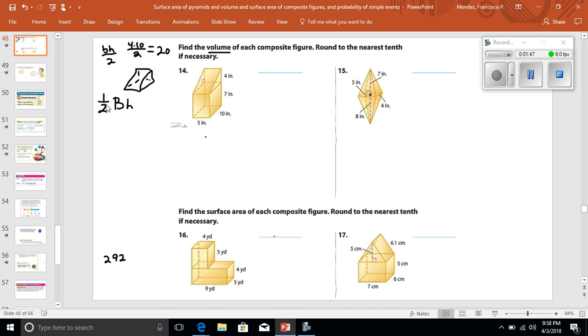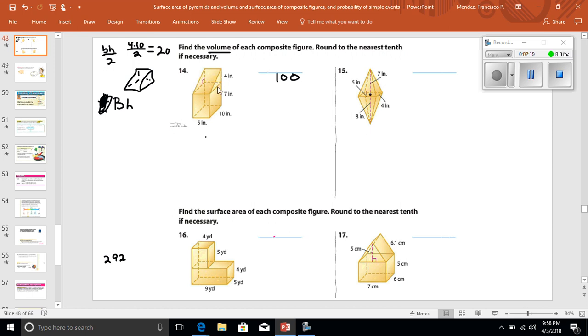Okay, so let's double check this. Really, this should have been base times height, because it was going to be 1/2 base times length. The base already included the 1/2 that we had in there. So we have 20 times 5, and that leaves 100.